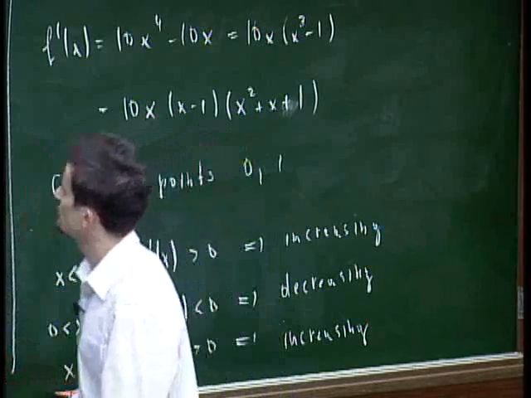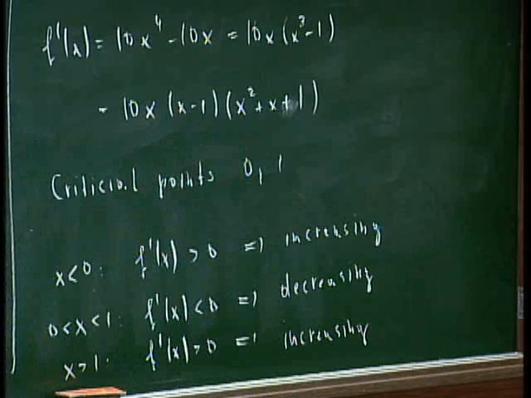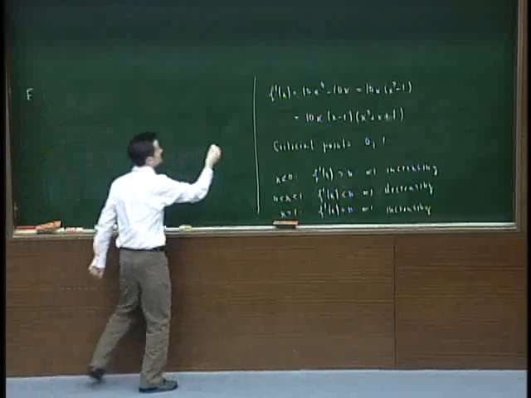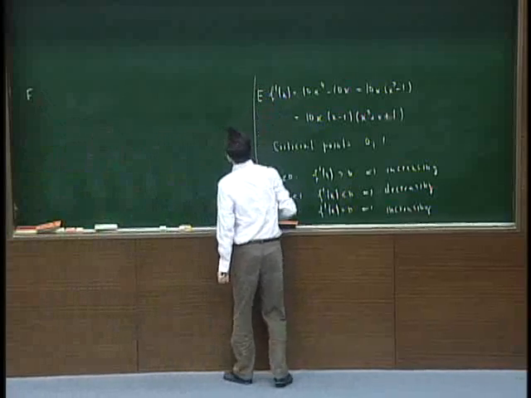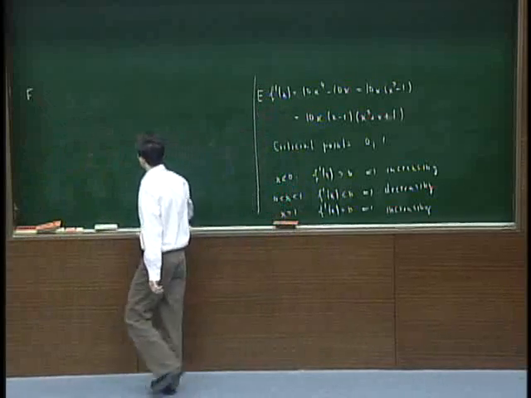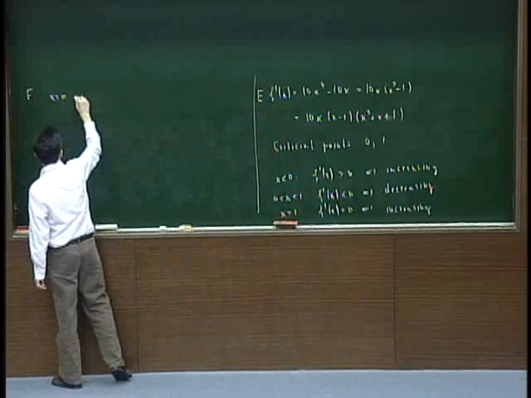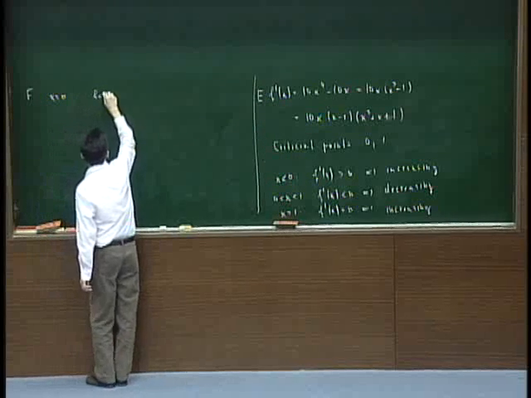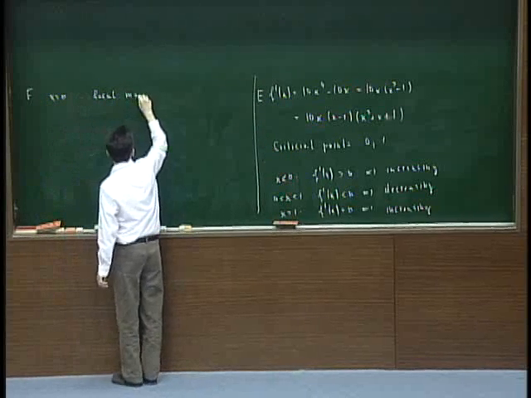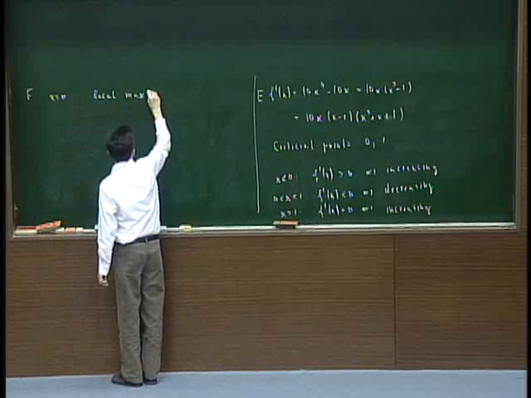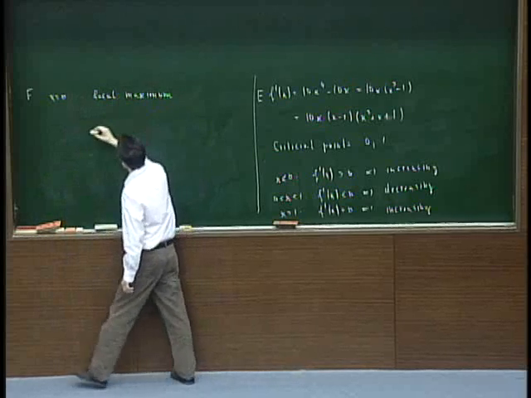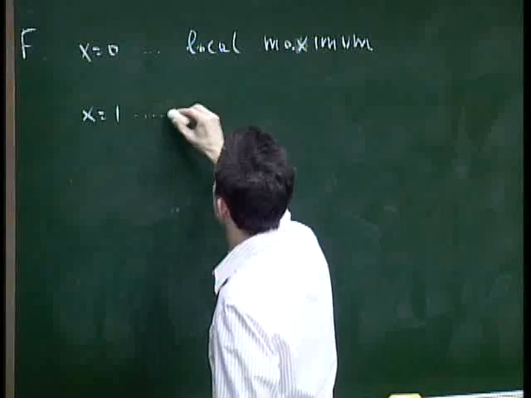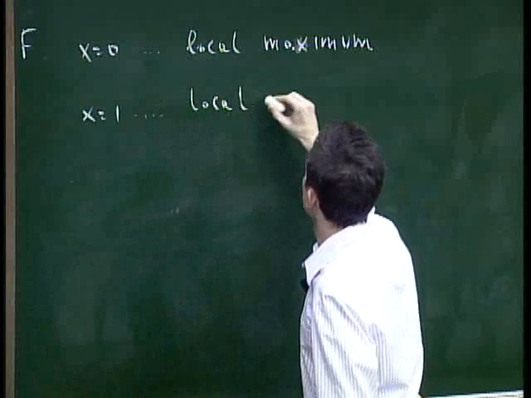So this was now already A, B, C, D, E, F. This is E here. So x is equal to 0 is a local maximum, and x is equal to 1 is a local minimum.